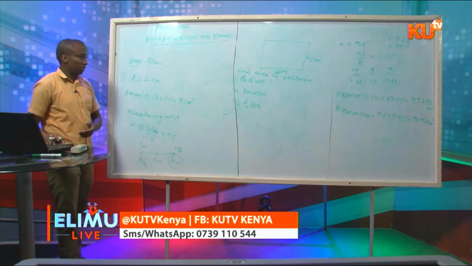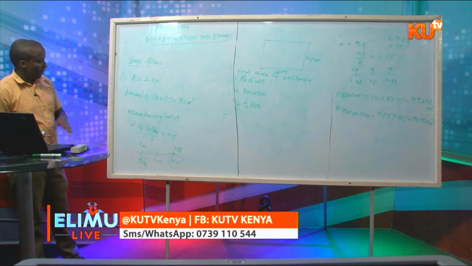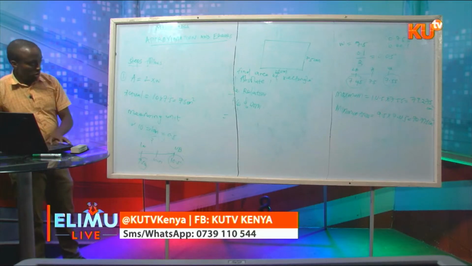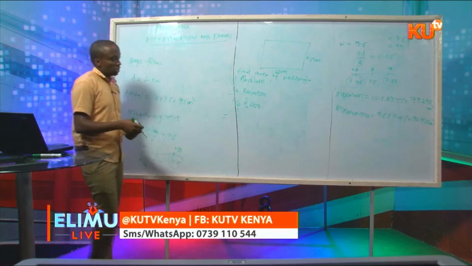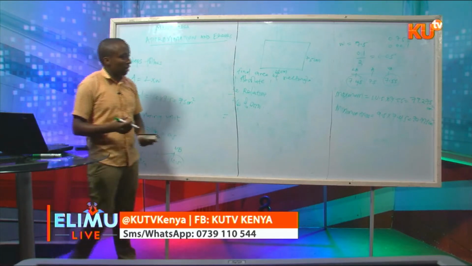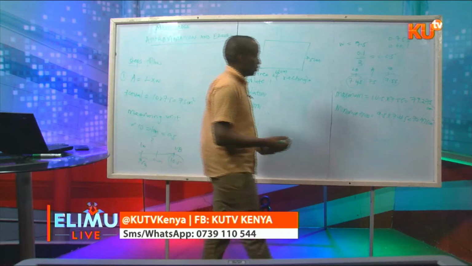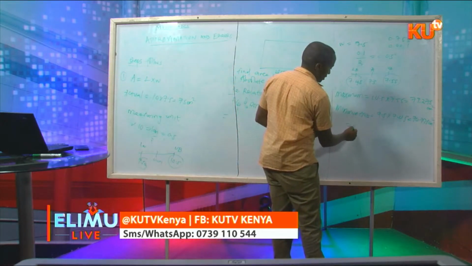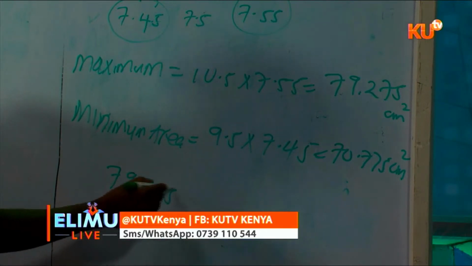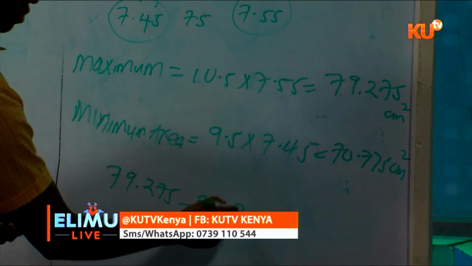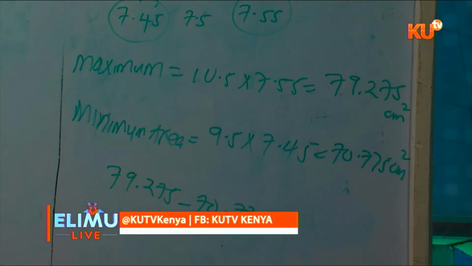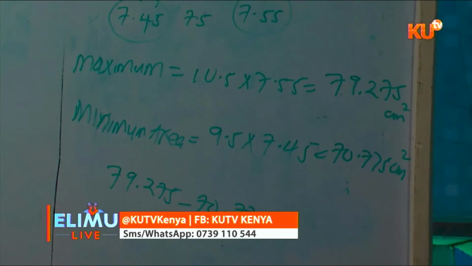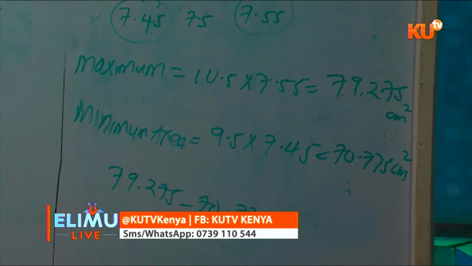The absolute area is given by the maximum minus the minimum. So the maximum is 79.275 minus the minimum, which is 70.775.